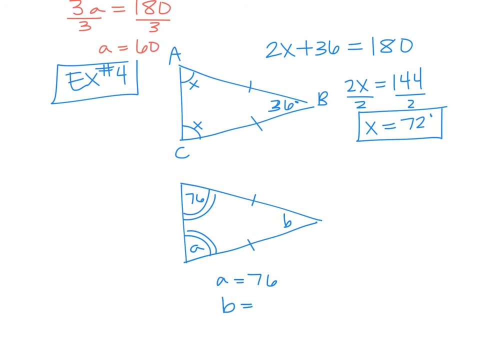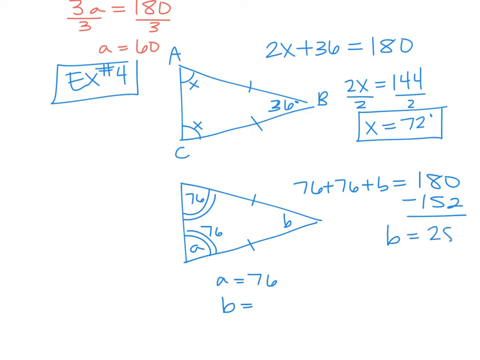Right. So you're going to take away the two 76s, right? So it'd be 76 plus 76 plus B. That has to add up to 180. So if we take away 152, then B would have to be 28. Okay? Good on that?